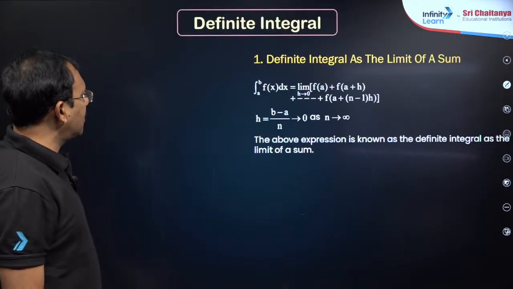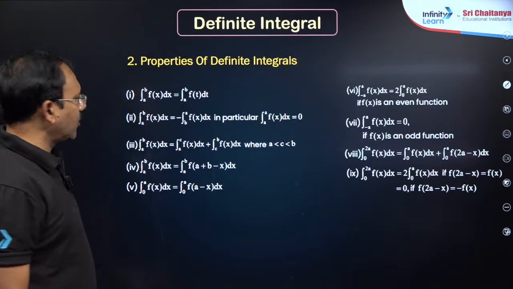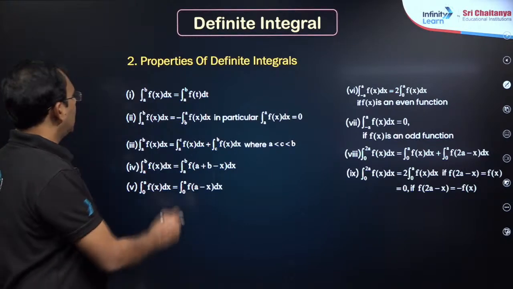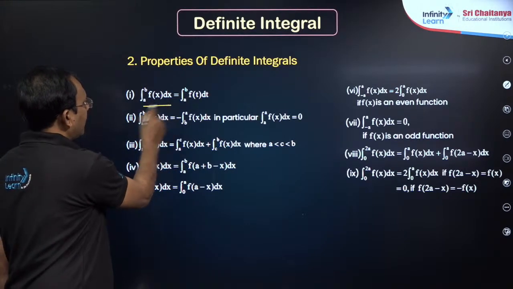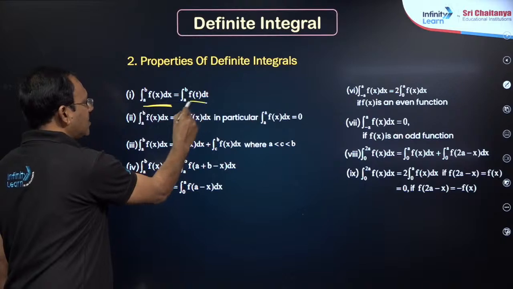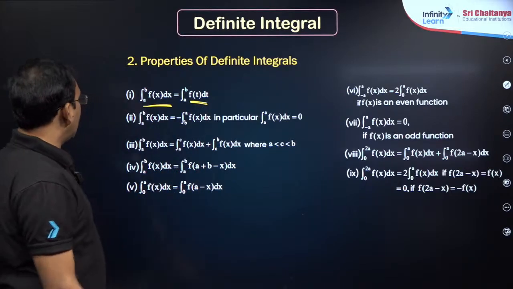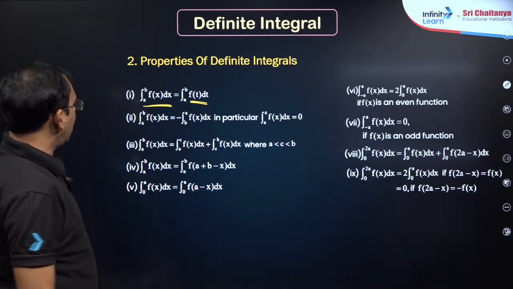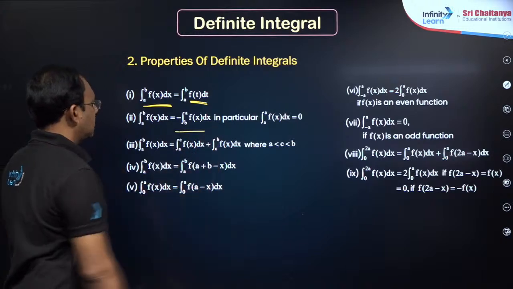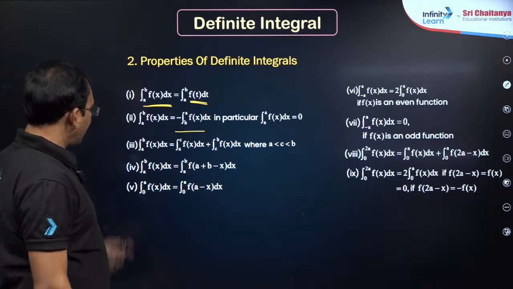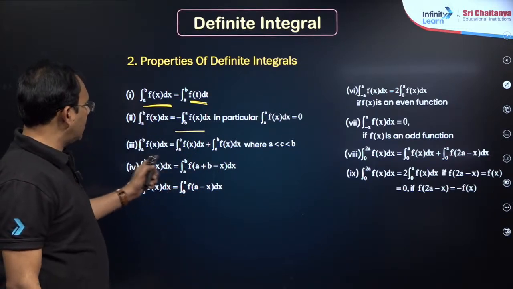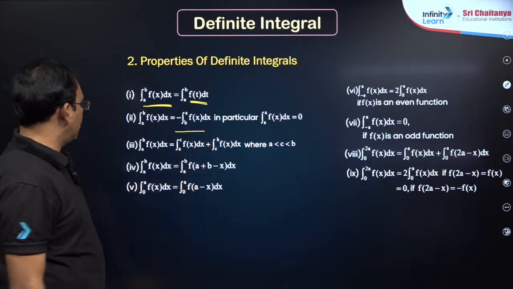In definite integration, my dear friends, most important properties: integral a to b f of x dx, without changing the limits you can write t dt, and integral a to b, if you interchange the limits, minus comes out, you can split the integral. Suppose a to b, you can write a to c plus c to b.